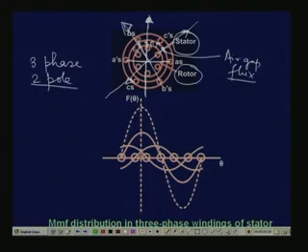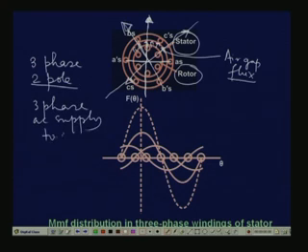So what are you going to do? This is an AC machine, so you give a 3-phase AC supply to the stator. In each of these stator coils the current is pulsating, it is a sinusoidal current.